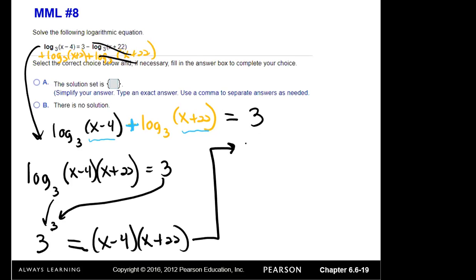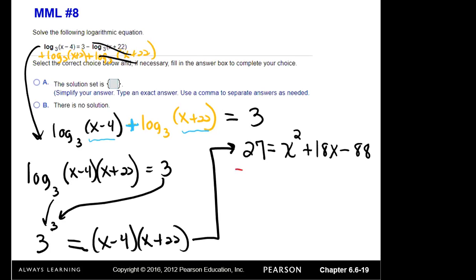And 3 cubed is 27, and then if I FOIL this out, I get x squared, a positive 22x, and a negative 4x is a positive 18x. And negative 4 times 22 is negative 88. And we're into the quadratics, so set it equal to 0.